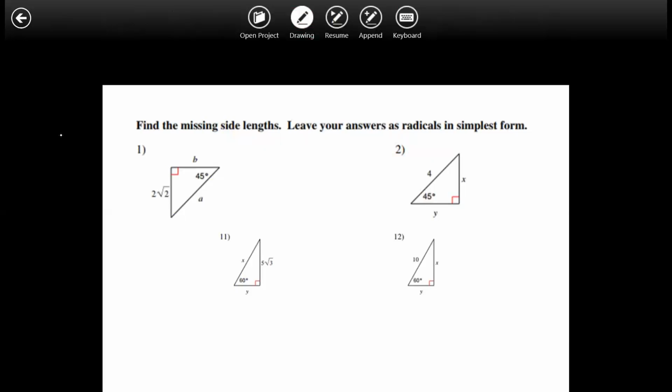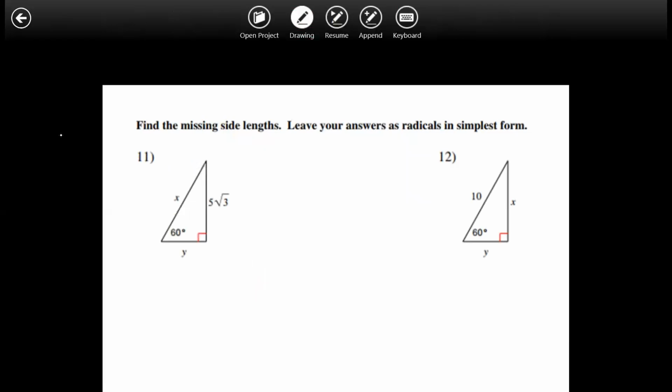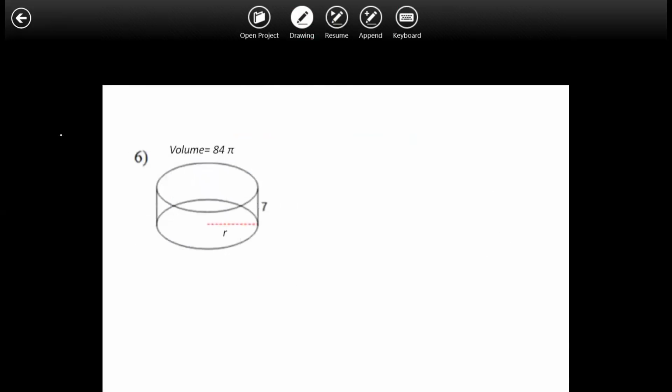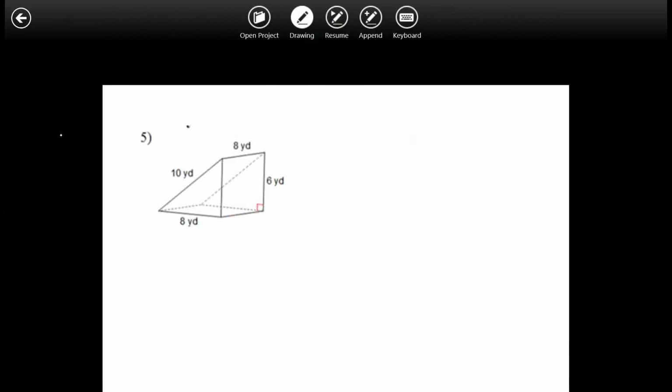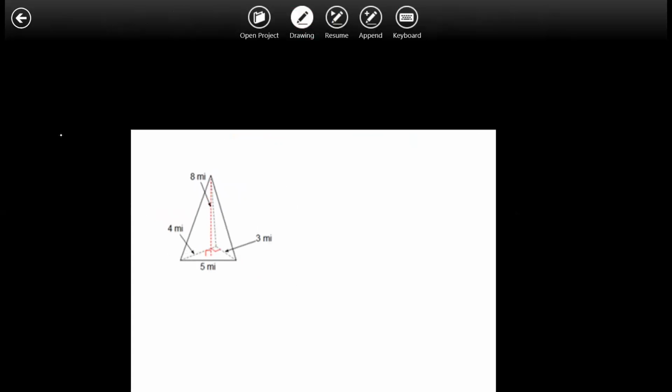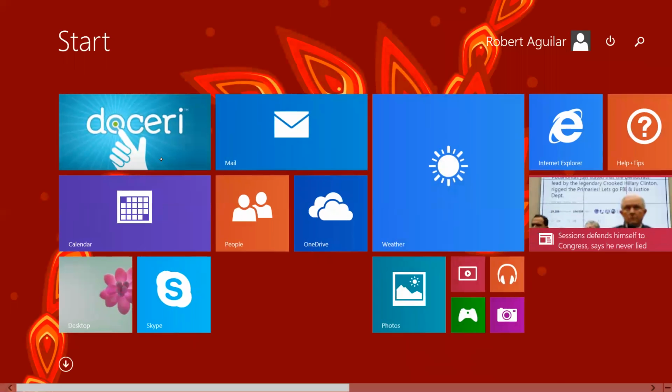I'll be doing the 45-45-90s. I'll do this type of problem. Today, I'll be posting these. You guys should know how to do them. I'm hoping to actually do them by lunch.